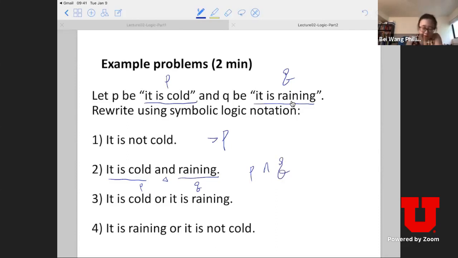Next one, it is cold or it is raining. So this is going to be P or Q. Last one, it is raining or it is not cold.